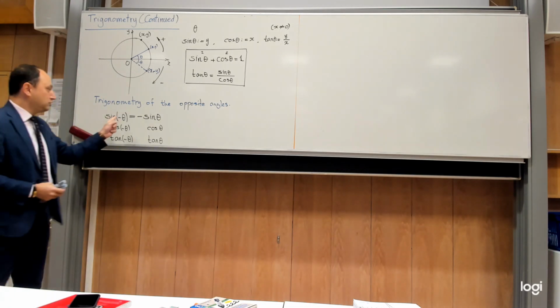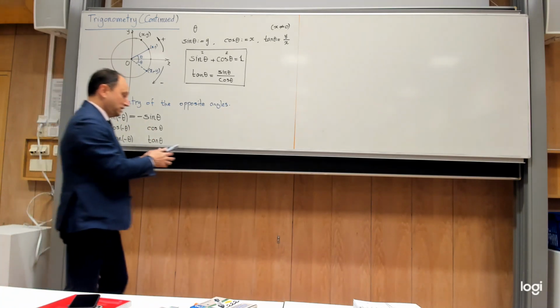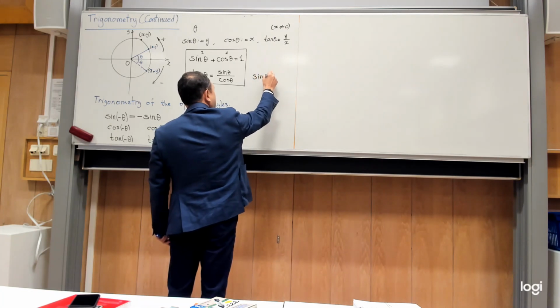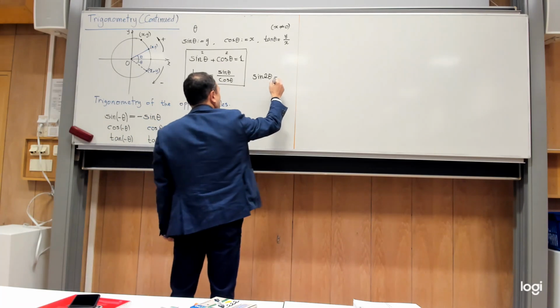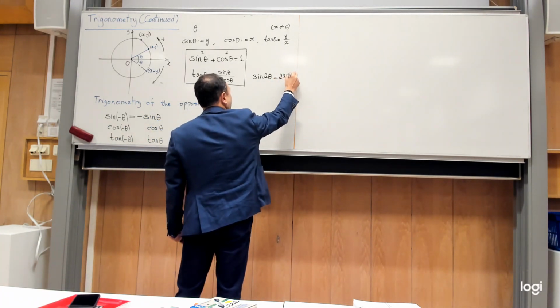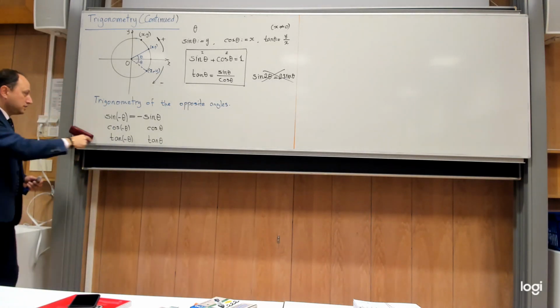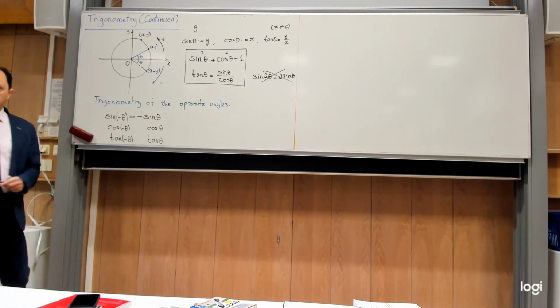If I have a 2, don't think that I can pull 2 out. If you want to discover something, you need to actually understand why. So don't think that because I can pull a minus 1 out, I can also pull a 2 out. No, that's totally wrong. The only thing that you can pull out is just minus 1. That's the only number that you can pull out here.